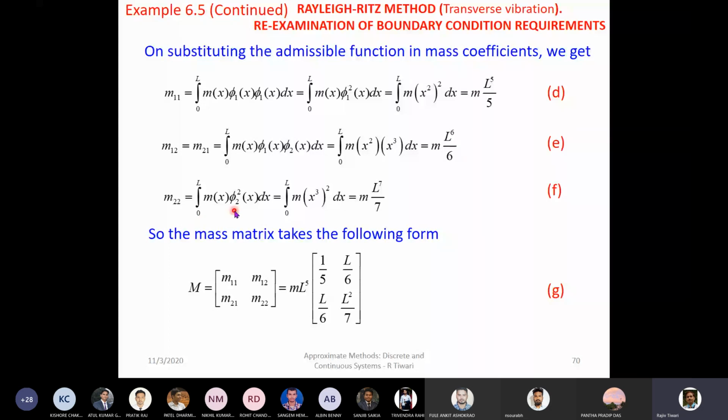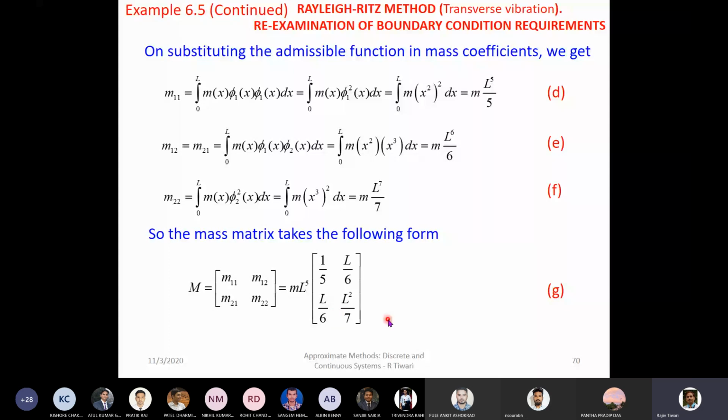Phi2 is x cube. So we'll get this. Now we got all the mass coefficients, so they can be put in the matrix form. All this, and this is symmetric, so we got the mass matrix from this.